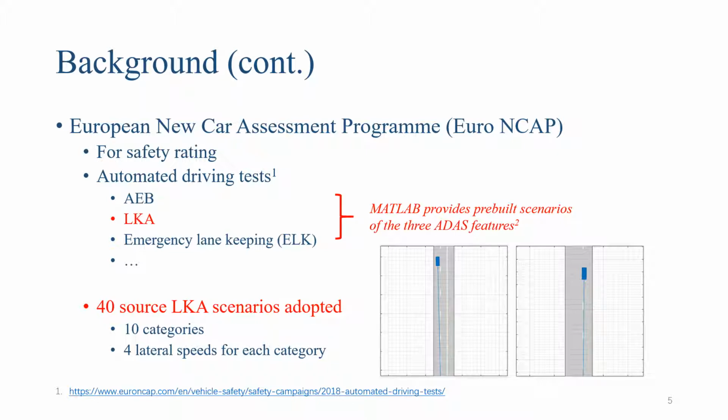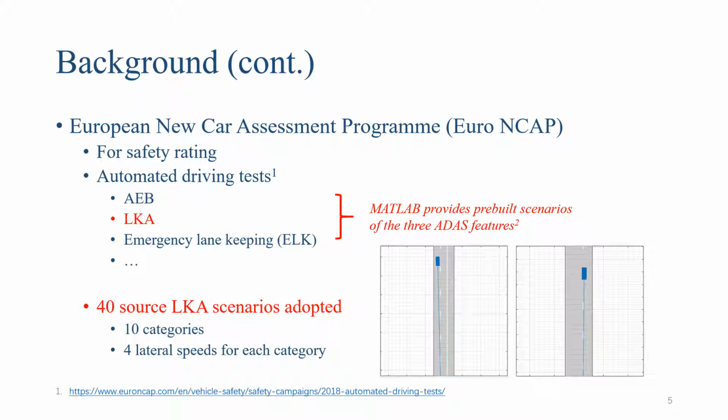In our experiments, we adopt 40 LKA-related scenarios, including 10 categories. These 10 categories have different lane markings and lane departure directions. For example, in the first figure, the lane markings are dashed on the left and solid on the right, and the lane departure is to the left, and the second one has different lane markings and lane departure direction.